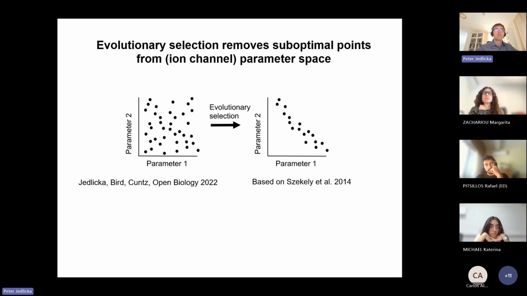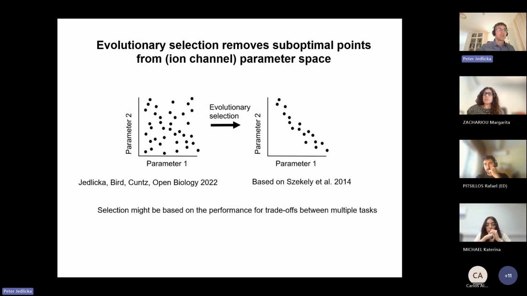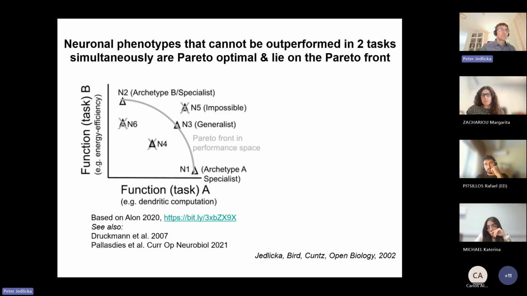So then maybe in reality you find only low dimensional manifolds in the parameter and in the performance space. Selection would be based on these trade-offs. What you would end up with would be neurons close to the Pareto front, like the granule cells that we study. They could be better in one task, and some of them might be even very bad for another task, or they would be good for a combination.